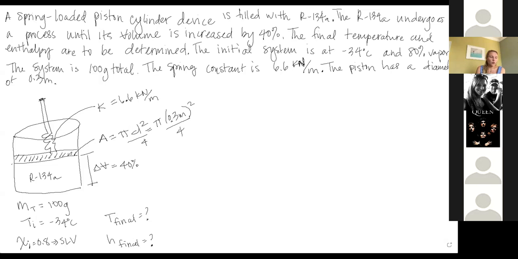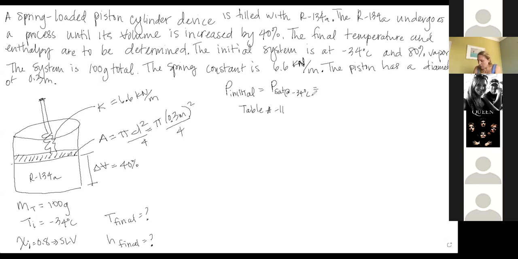We do know what table we're going to use. So one of the first things I would do is find my initial pressure, which is equal to my saturation pressure at negative 34 degrees Celsius from table A11.